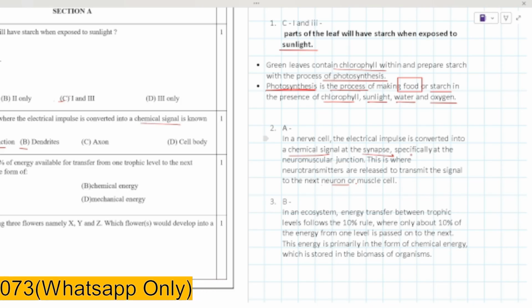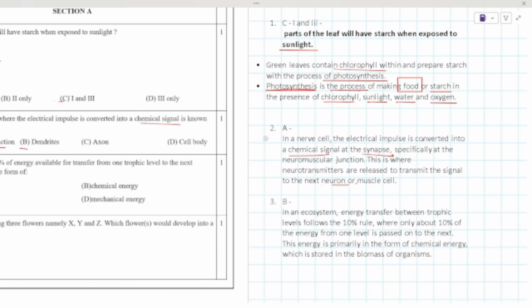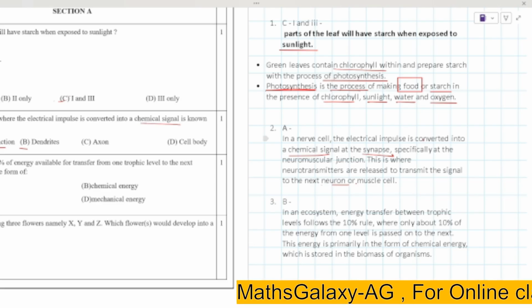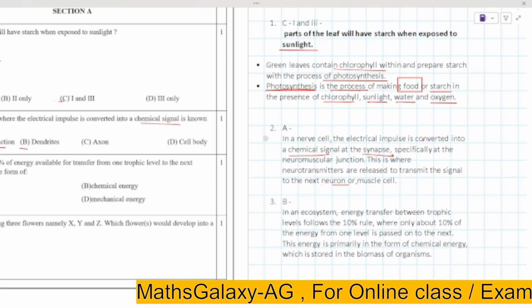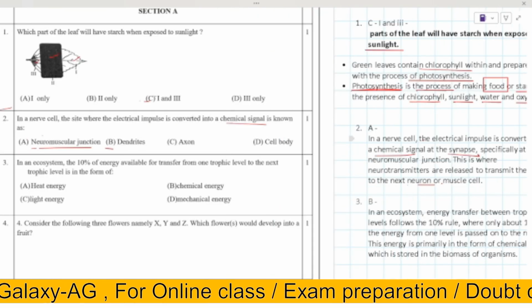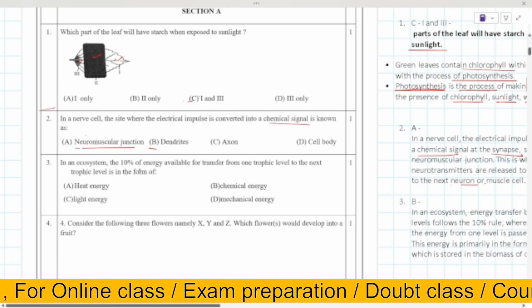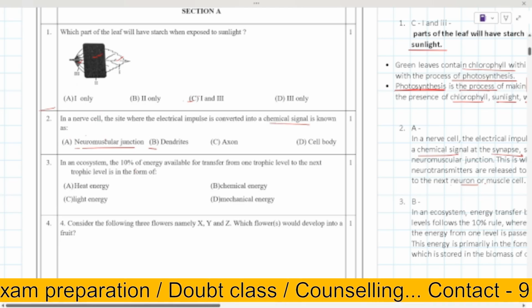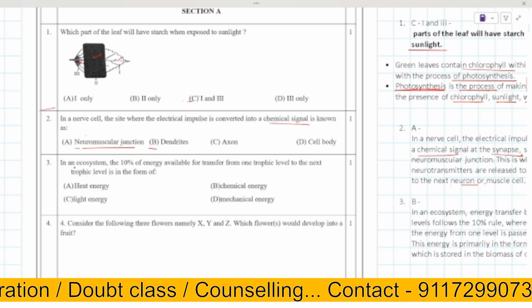So between two nerve cells there is a gap which is known as a junction, and that junction is also known as the neuromuscular junction, where the electrical impulse is converted into a chemical signal to transmit the message.